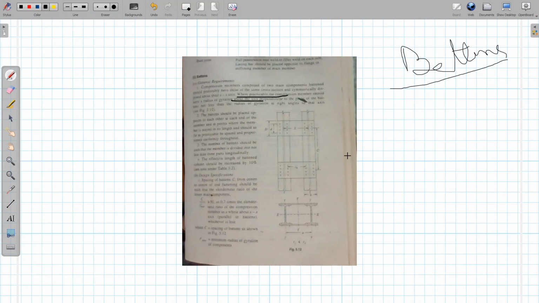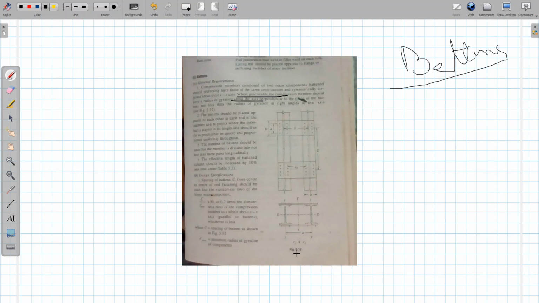Also, the radius of gyration about the y axis should not be less than the radius of gyration about the x axis. That means if you have battens, you find the radius of gyration perpendicular to the battens and the radius of gyration about the same direction as the battens.